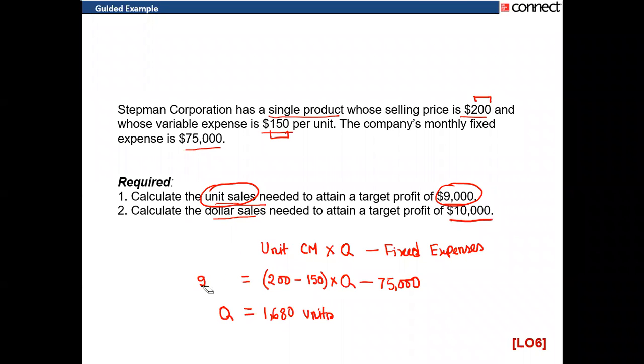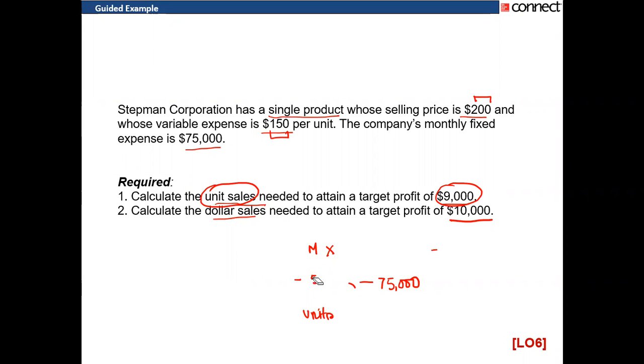But here I would like to show you what we have learned in the formula method. What we solved in the first case is the equation method. Now I would like to show you how I can solve the problem using the formula method.